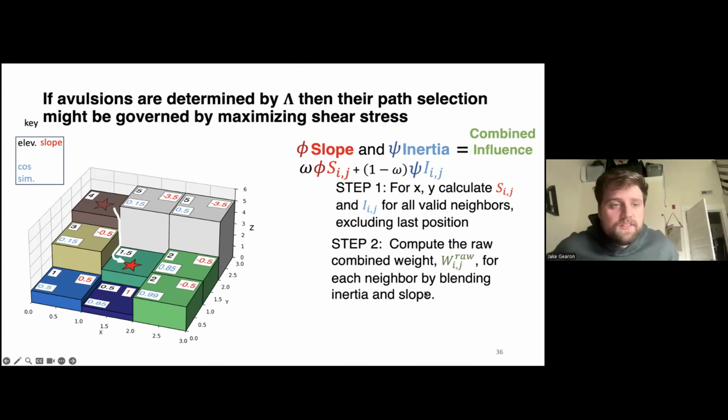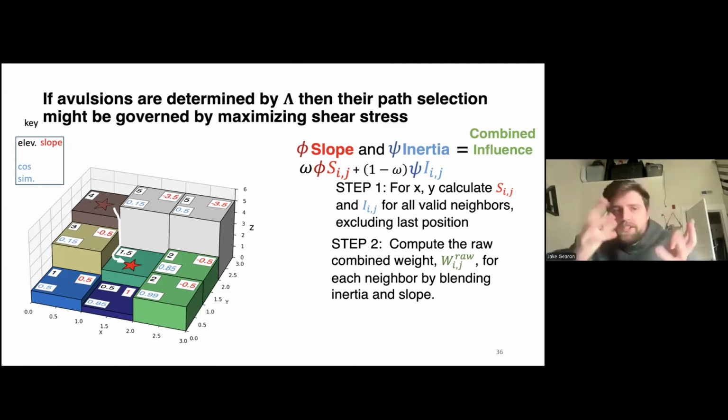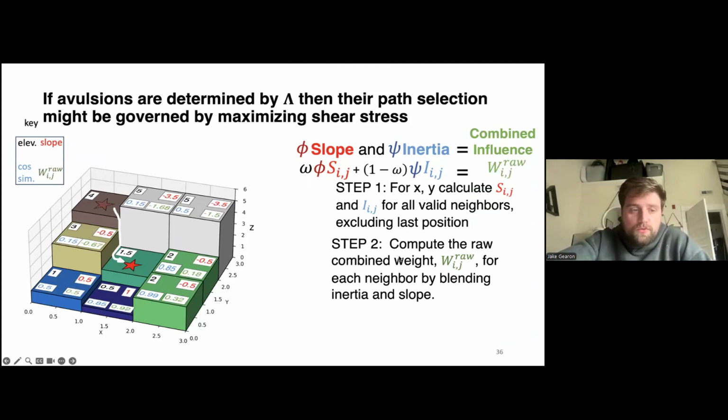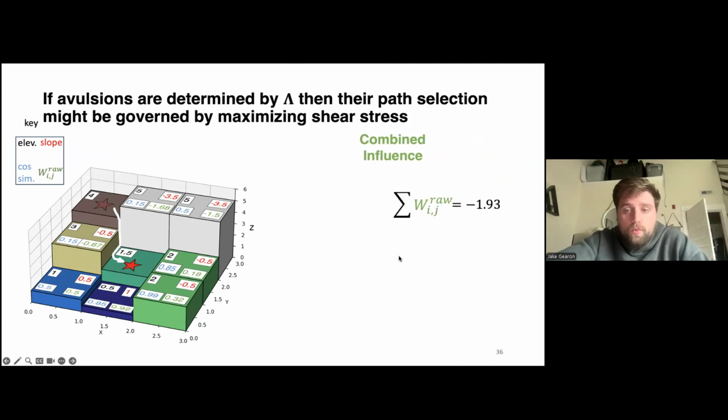And what that gives us is a combined influence score, meaning some representation of how attractive a proposition it is to move from that central location to any of the other locations. So this raw weight is essentially what we're looking for. We want to know what the probability is of moving from a central location to any other location.